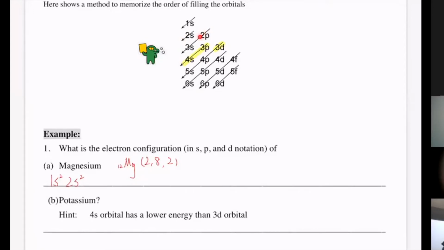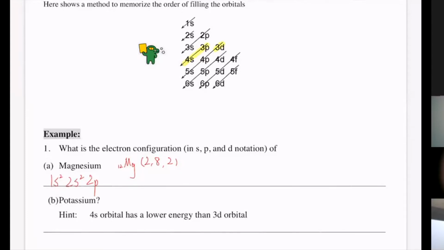How many electrons can the 2p orbital hold? How many should I put for 2p? Anyone? Right, so for the p subshell, we have px, py, pz. Each of them can hold 2 electrons.